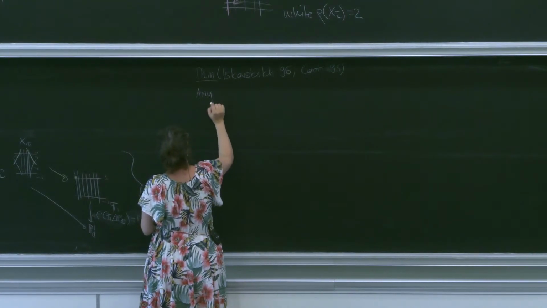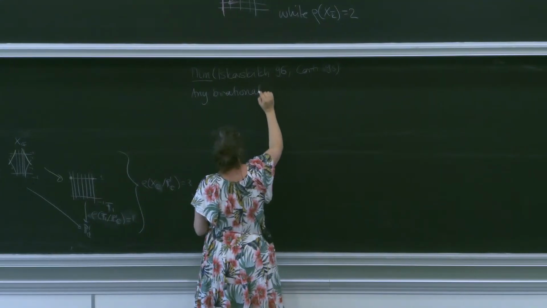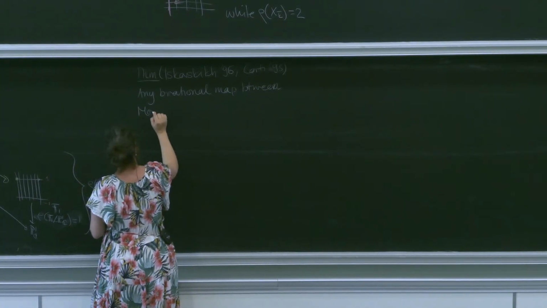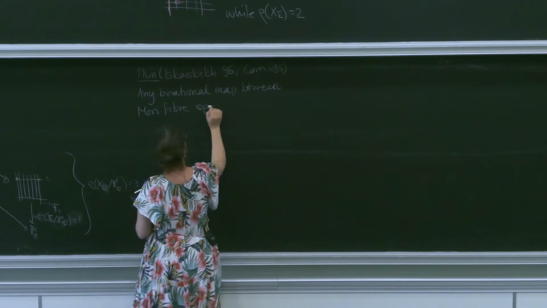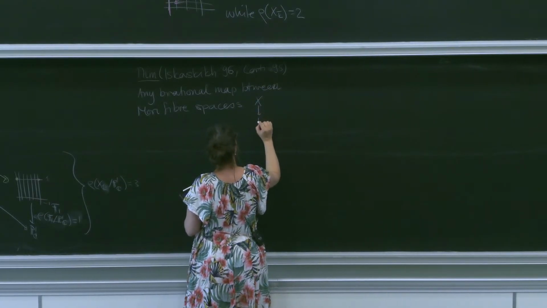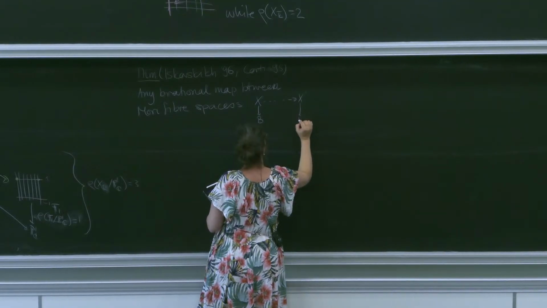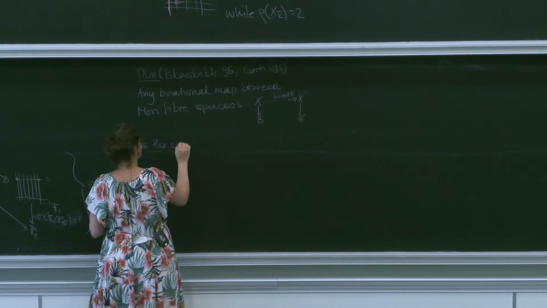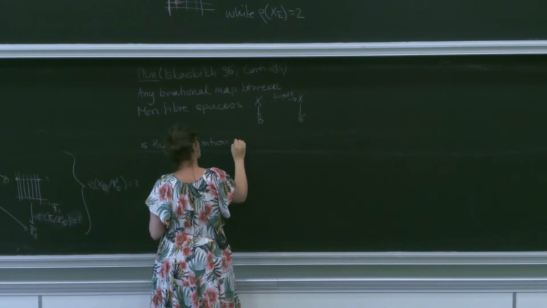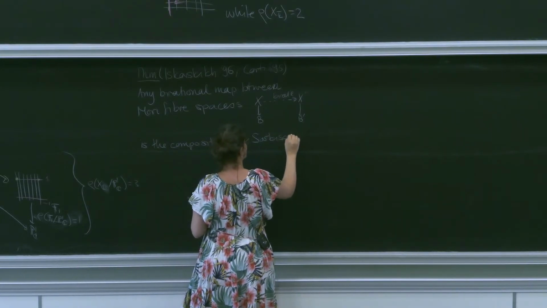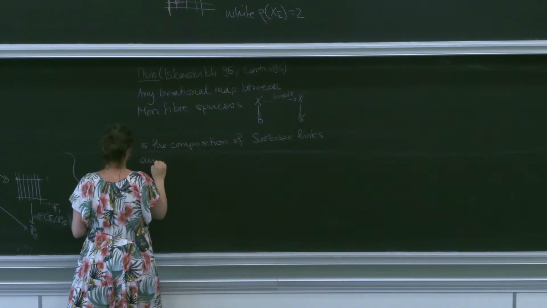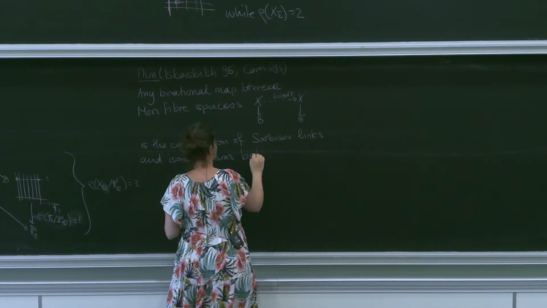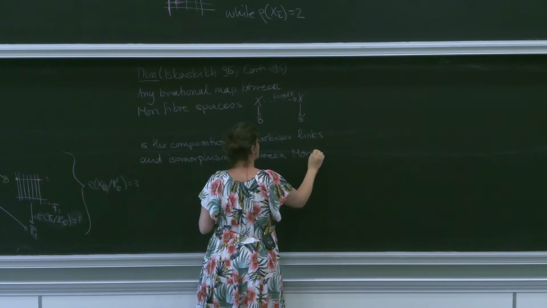So any birational map between fiber spaces, so I go from X to B, and I have a birational map to X' to B', is a composition of Sarkisov links and isomorphisms between Mori fiber spaces.